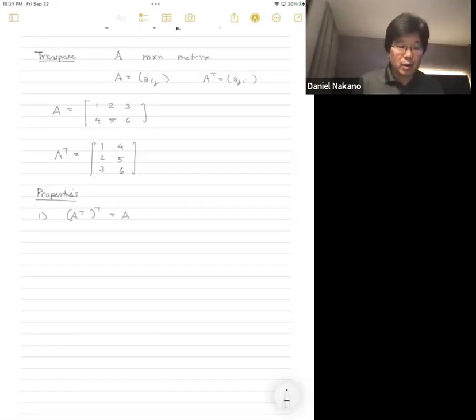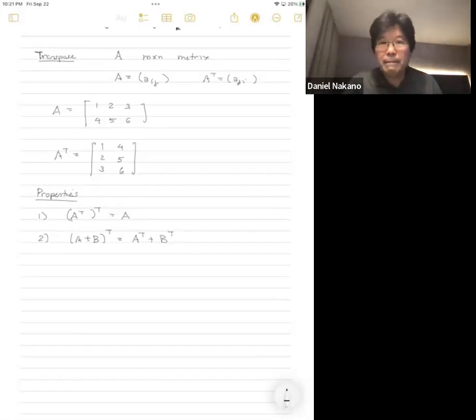The second property is if you take A plus B and take the transpose of that, you get A transpose plus B transpose. And if you take a scalar times A and transpose that, that's the same thing as taking lambda times A transpose. You can just pull the scalar out from the transpose and it doesn't do anything.